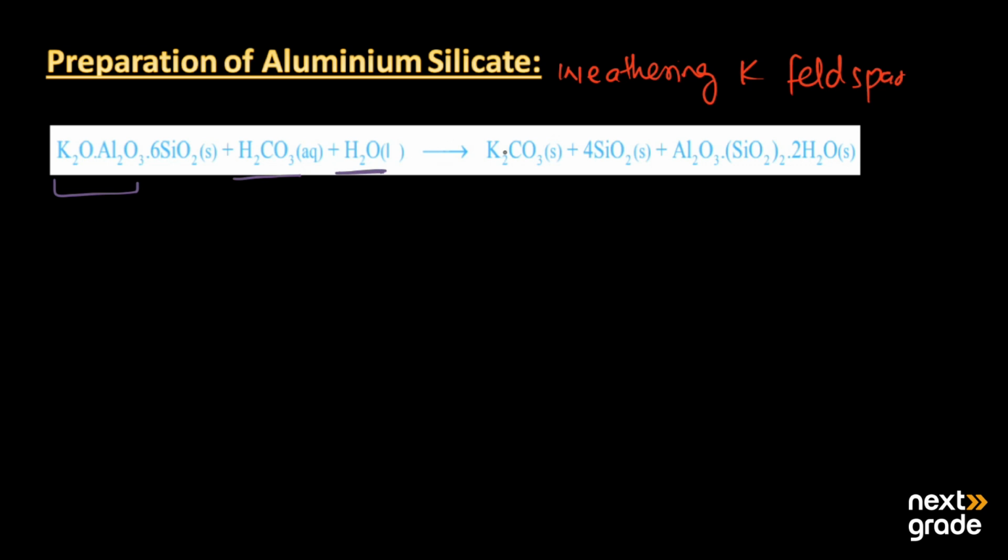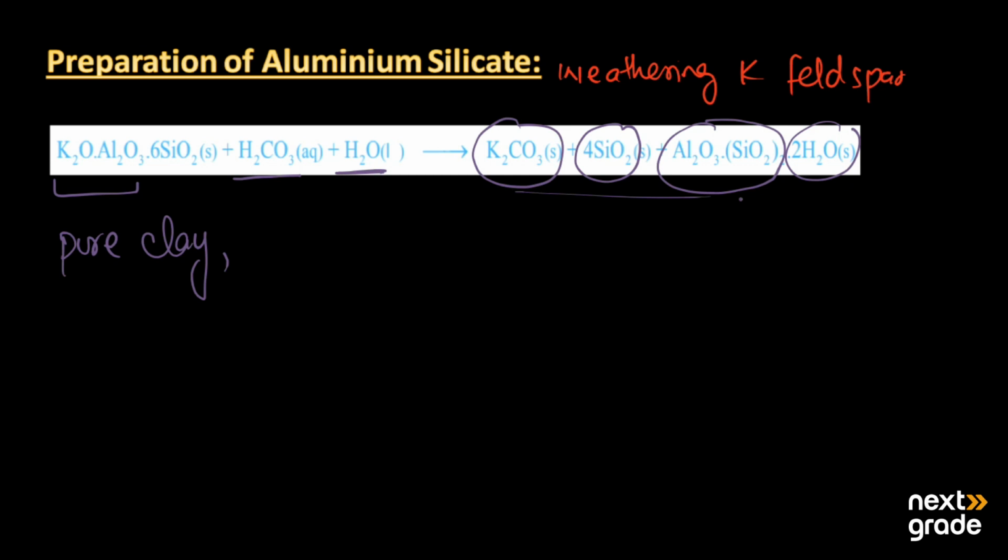In the main product we have potassium carbonate, we have silicon dioxide, we have aluminium silicates, and then we have the water molecules. This is the whole process which is mainly known as weathering of the feldspar. What just happened in this process? As we know, if we have a pure clay, its formula is as this.